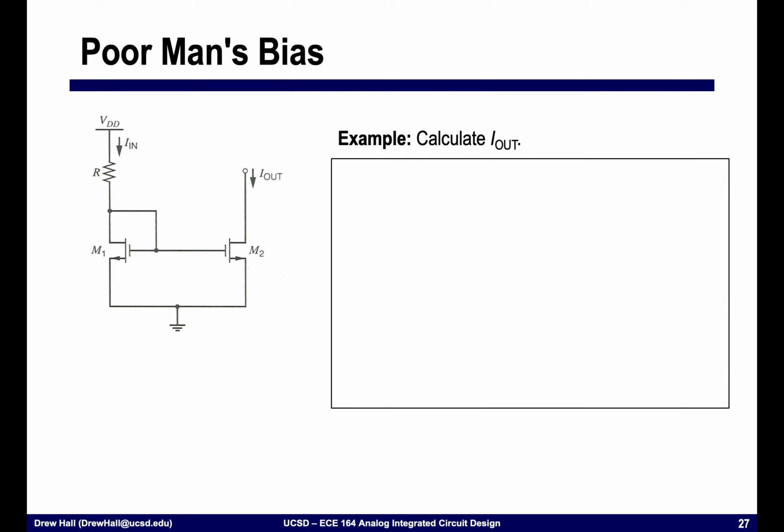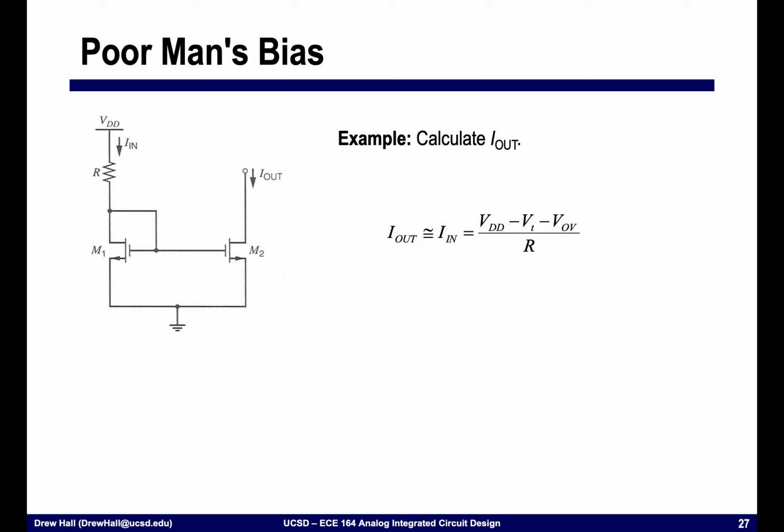And so what I'm showing here is a current mirror, as we've been discussing for the last 45 minutes. But instead of supplying a current source, I'm using this resistance, R, connected to the supply voltage, VDD, in order to generate the input current, I in.